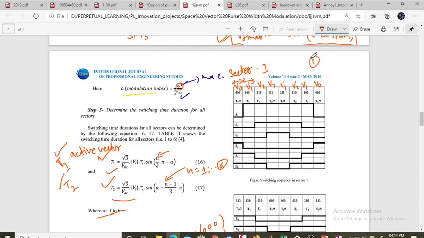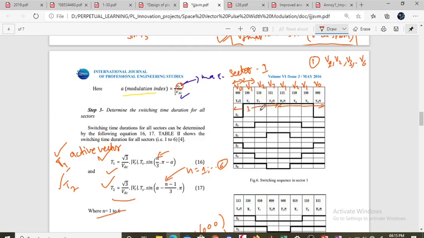To avoid losses, the first rule is that the active states v1, v2, and 3 till v6 are the active states, and they must be applied at least once in a subcycle. Let's say this is one subcycle and this is the second subcycle.